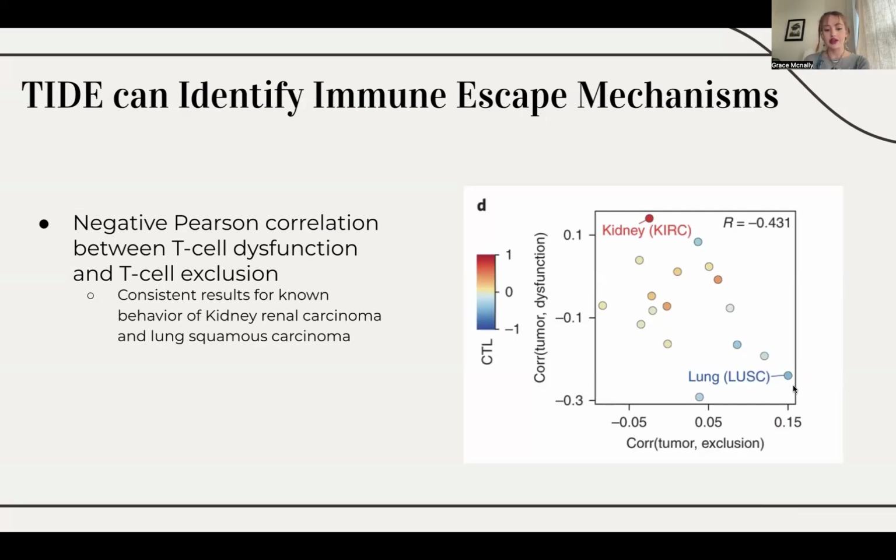These results suggest that kidney renal cell carcinoma utilizes T cell dysfunction as an immune evasion mechanism, while lung squamous carcinoma utilizes T cell exclusion. Using this, TIDE is able to identify which mechanism is being used through immunosuppressive signatures.